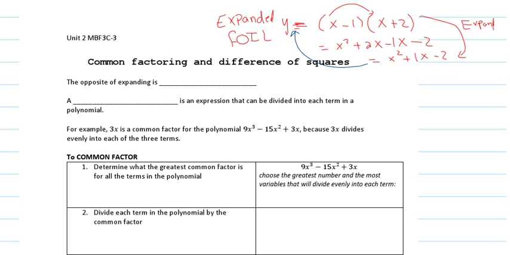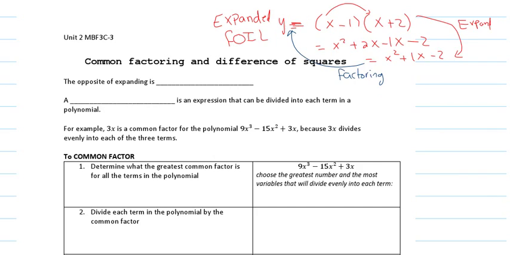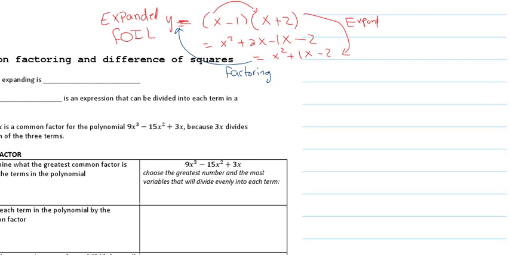I'm just going to recap something here. To go from factored, which looks like this, to standard, which looks like this, we expand.